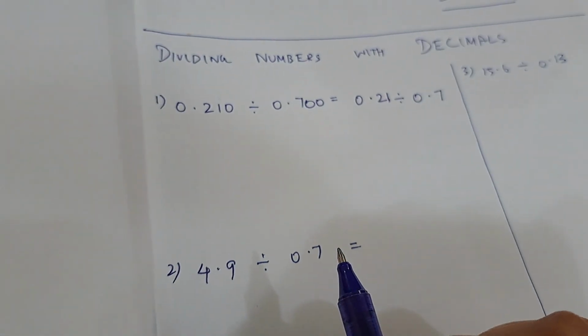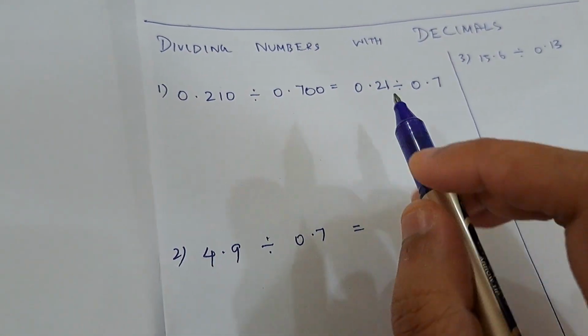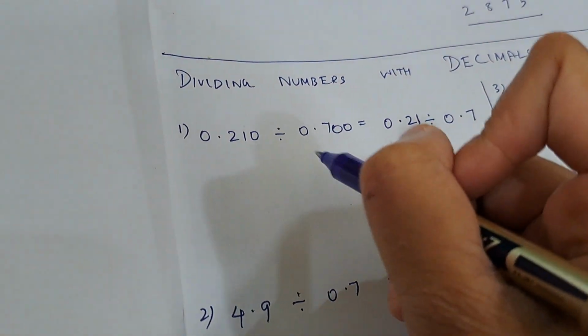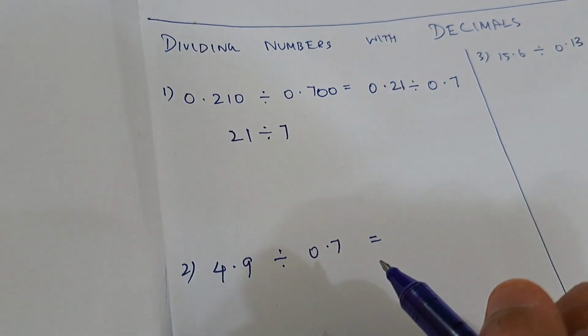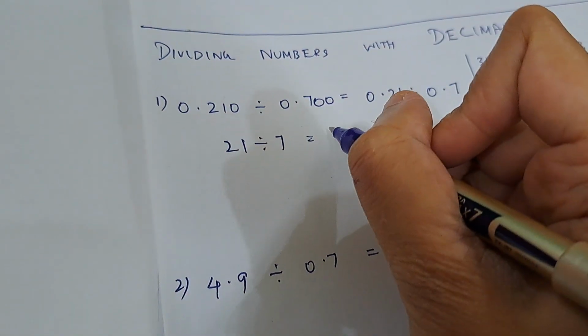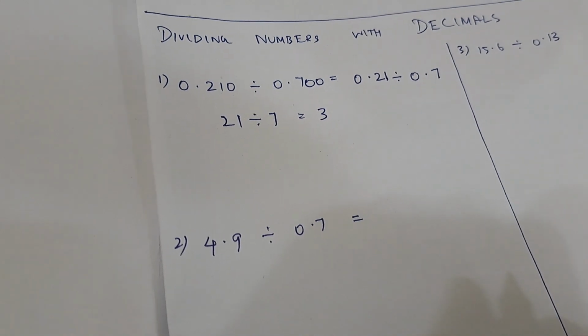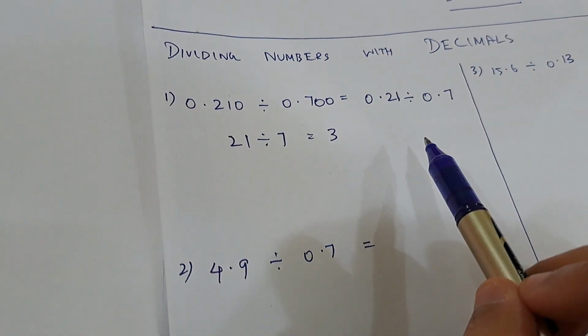Now time for division. You can divide the numbers excluding the decimal points. So I will do 21 divided by 7. What is 21 divided by 7? It is 3. 7 3s are 21. So 3 is the answer. But now it is time for me to place the decimal point because it is a decimal question.